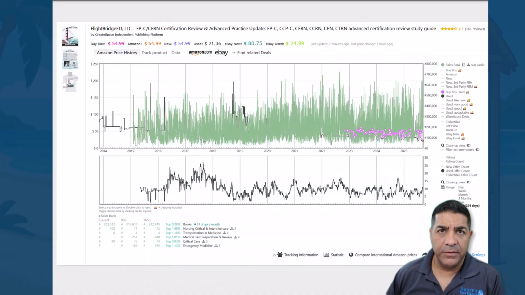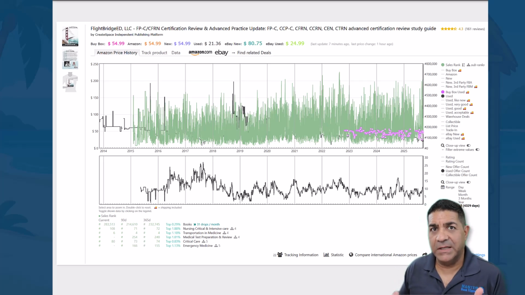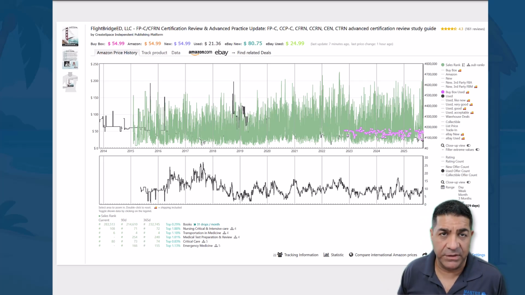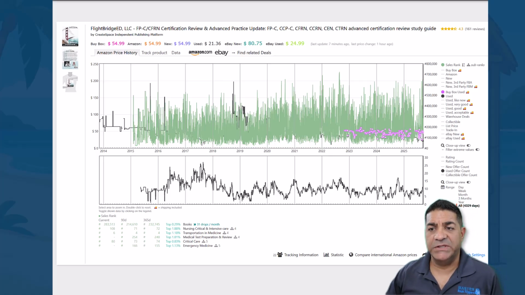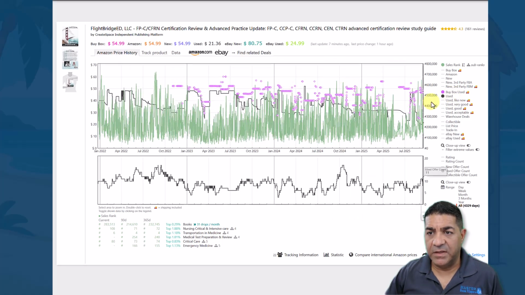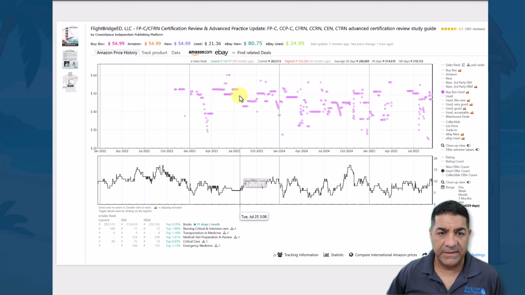Okay, now a couple other things you need to understand about the Keepa chart. First of all, the Keepa chart has advanced over the years. When I first started flipping used books on Amazon, we did not have what we have today, which is the used buy box price listed on the Keepa chart. Let me zoom in a little bit, and you can see that's the purple. These purple dots are what the used buy box is at that time.